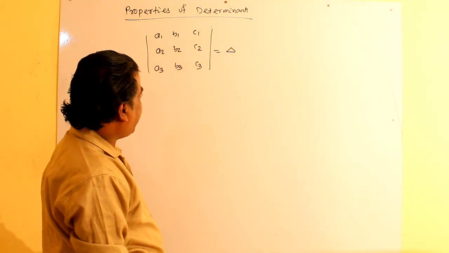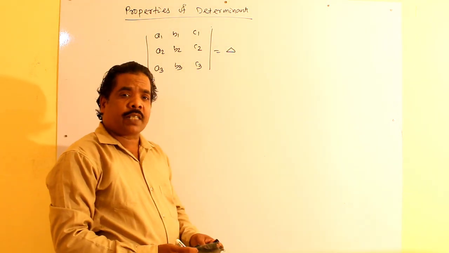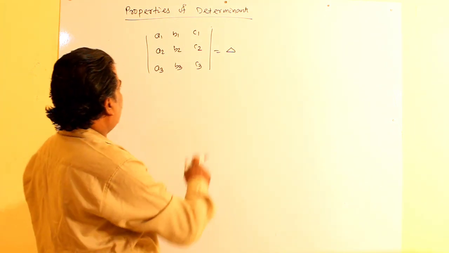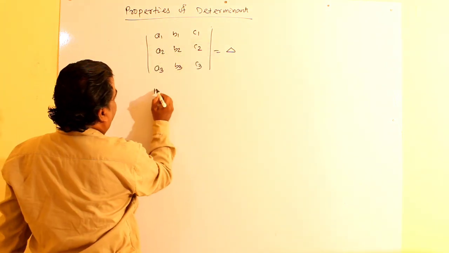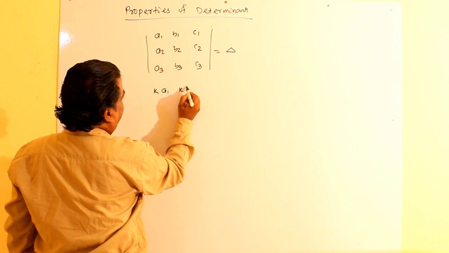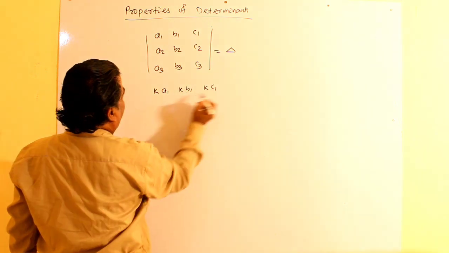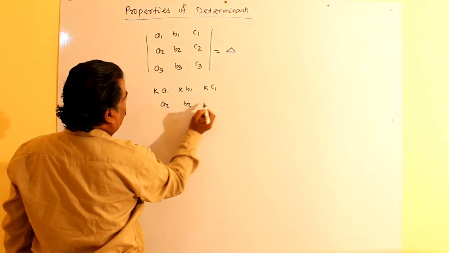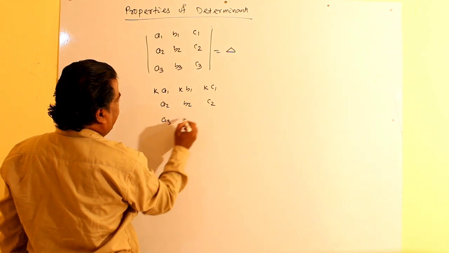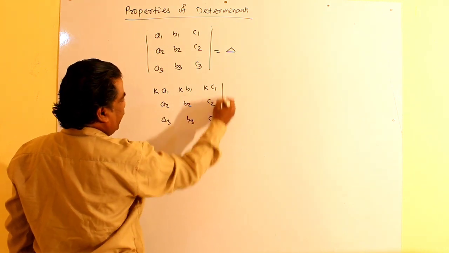And we multiply a non-zero scalar K to row 1: K A1, K B1, K C1, A2, B2, C2, A3, B3, C3.